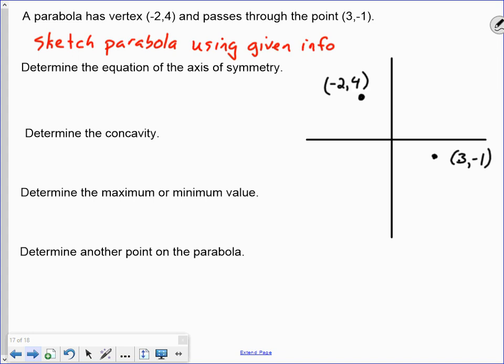Now I'm told that (-2, 4) is the vertex of my parabola. So that means that that is where my parabola has to turn around. So it can do one of two things. It can start up at the top, come down and turn around and go back up. Now, if it does that, notice that it's not going to pass through this other point, (3, -1).